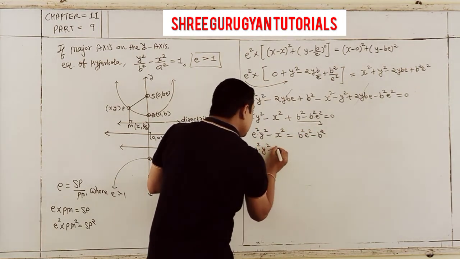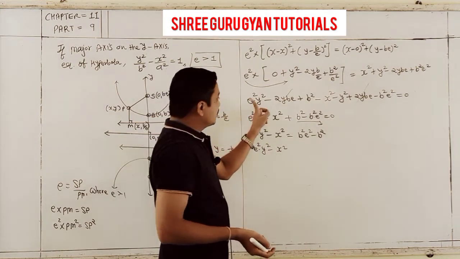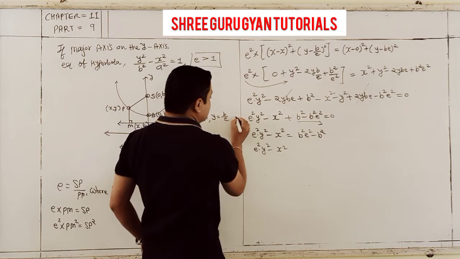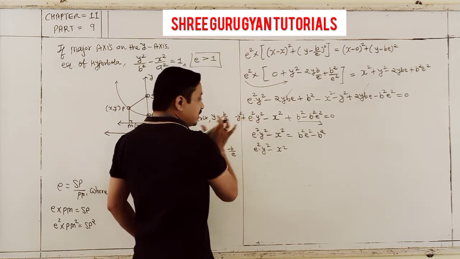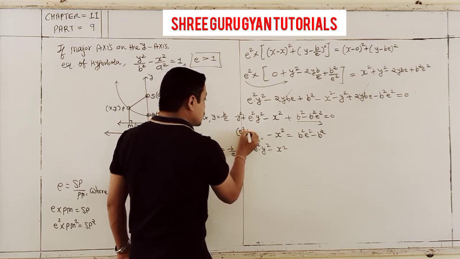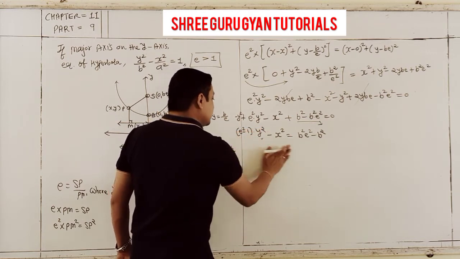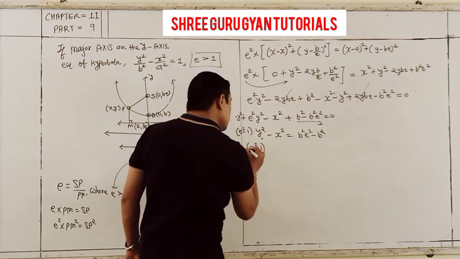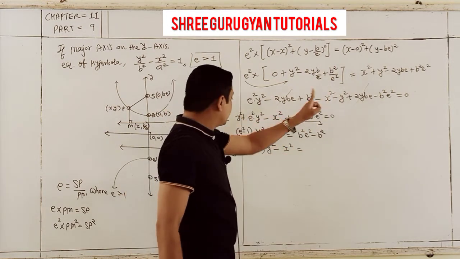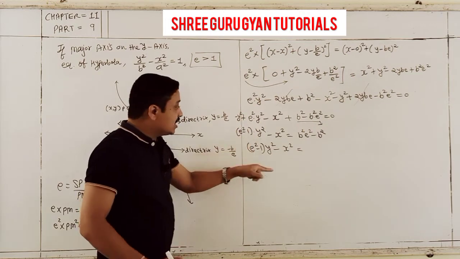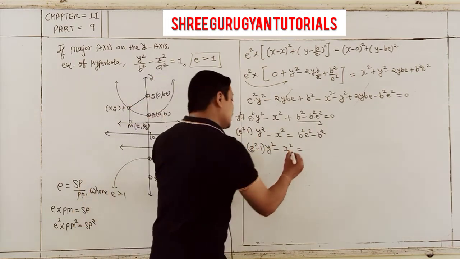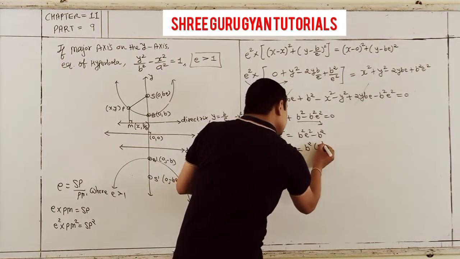Now it's very easy: e square y square, and this y square I take out, so e square minus 1 times y square minus x square. Now on this side y square is common, e square minus 1, and here b square is common, e square minus 1.